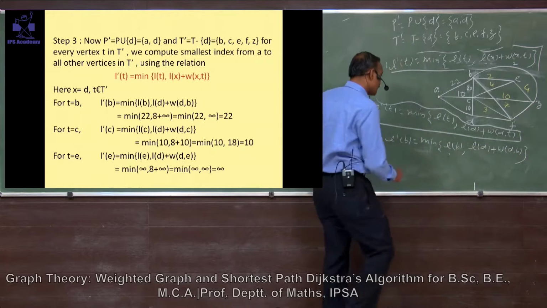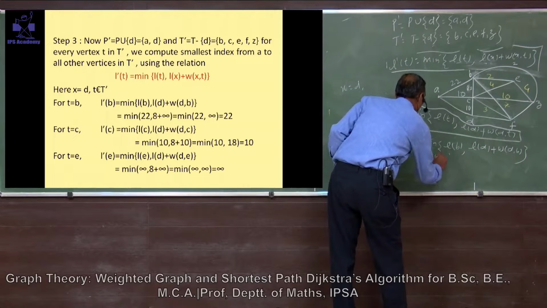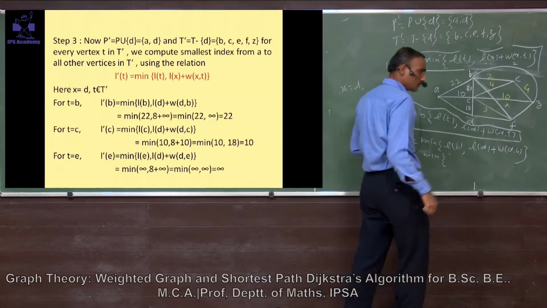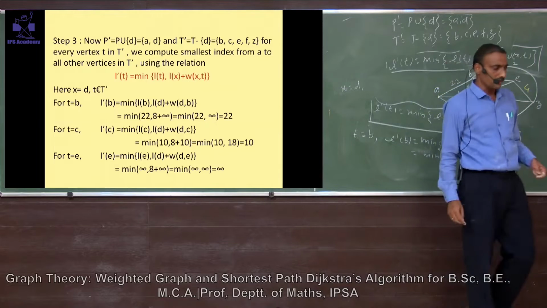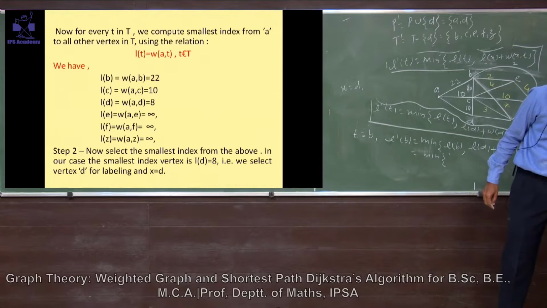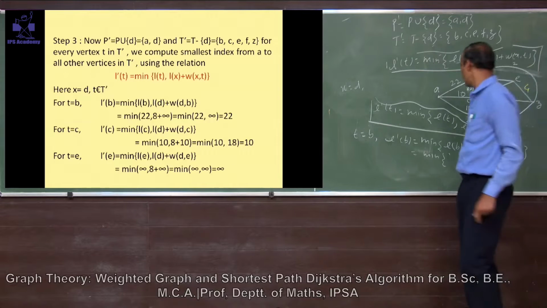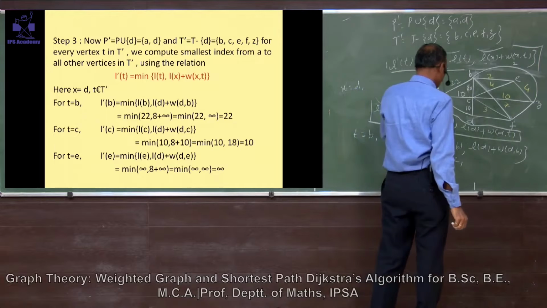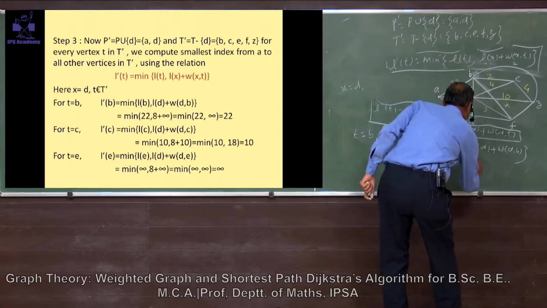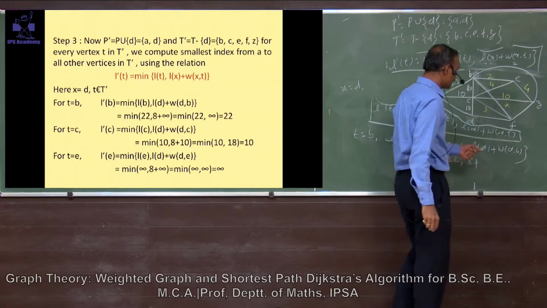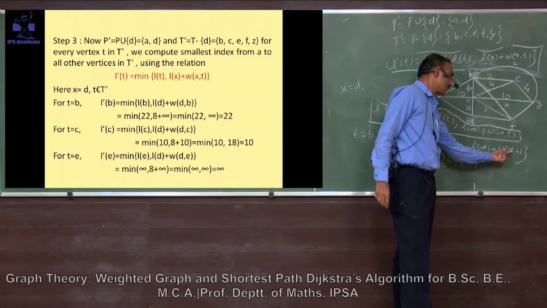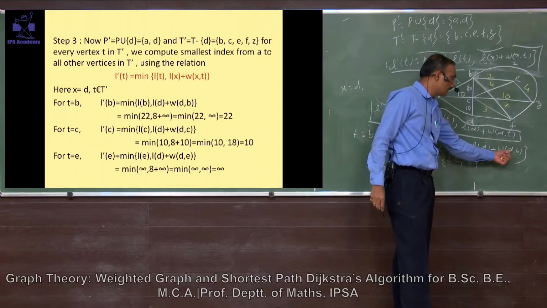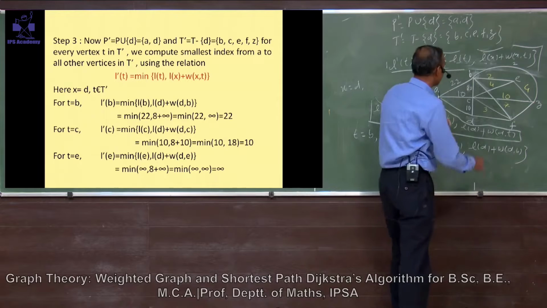Then what will the value be? The minimum of, what is L(b)? Just as we found in the previous slide, L(b) equals 22. So we put L(b) equals 22, comma, L(d), which we found is 8, plus the weight of d, b.